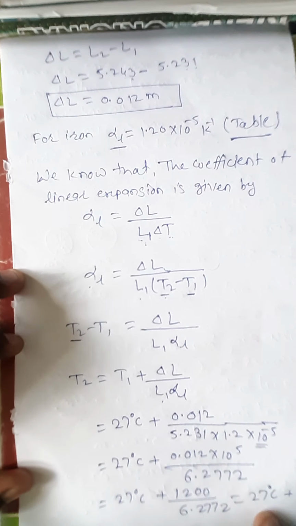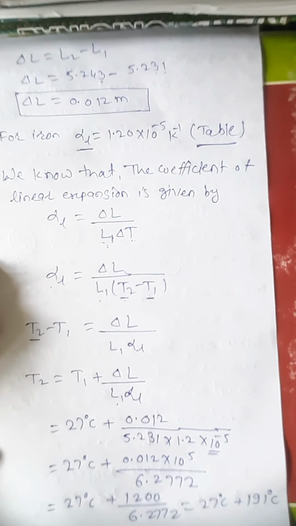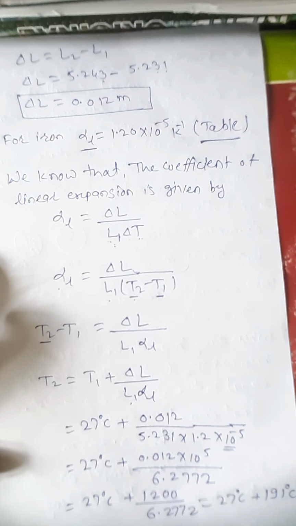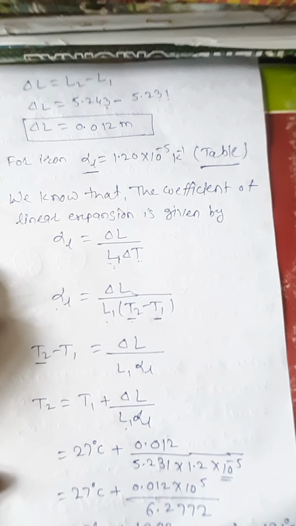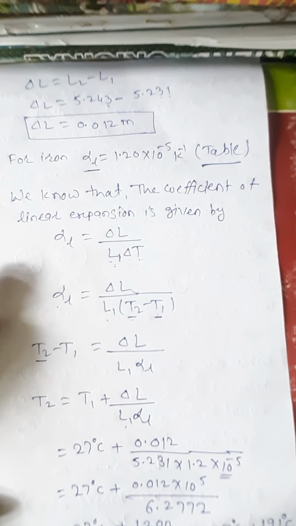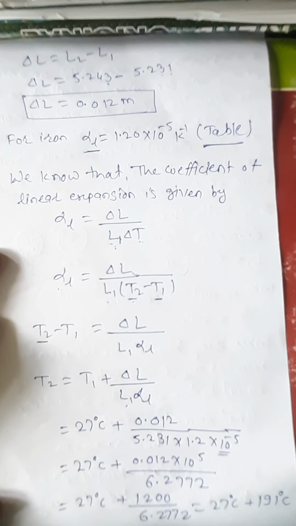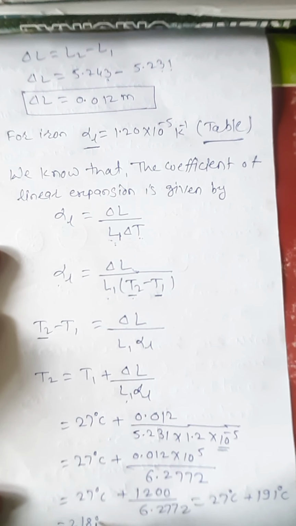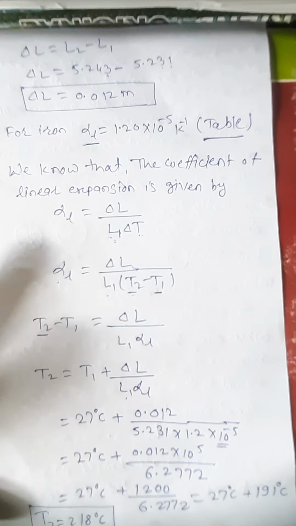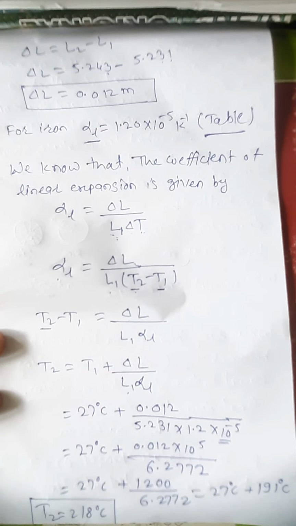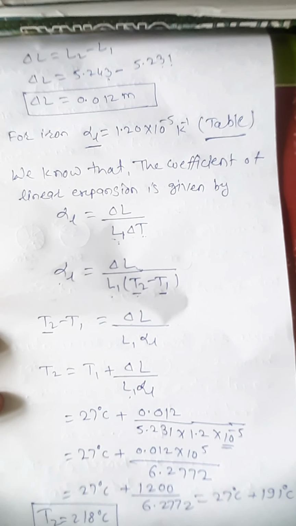Then 27 degrees Celsius plus 191 degrees Celsius becomes 218 degrees Celsius. Therefore, the final temperature of the ring is 218 degrees Celsius.